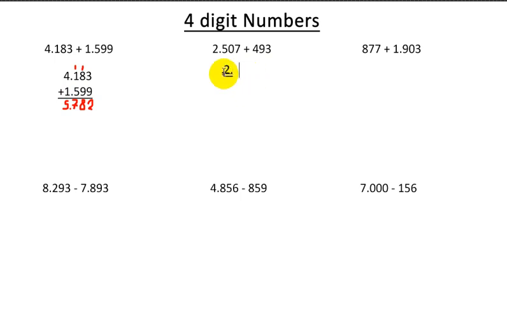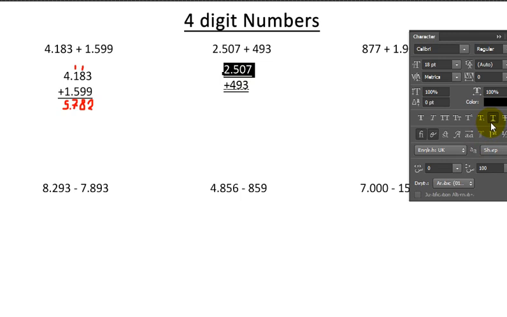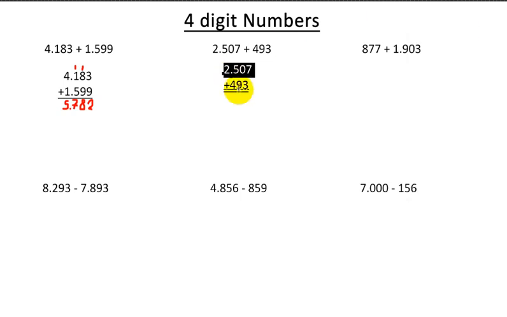Here we have 2,507. And we're adding 493. This should not be underlined. And this should be a little further to the right. There we go. And it should all be a little lower.